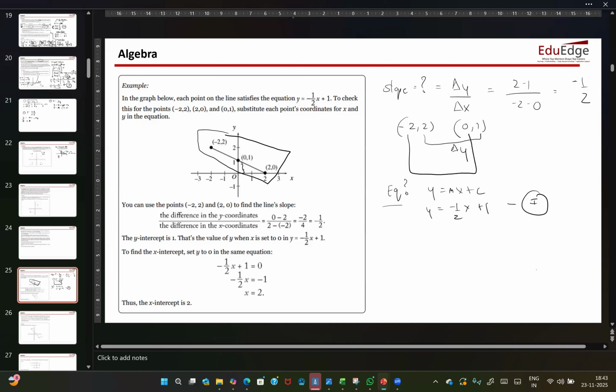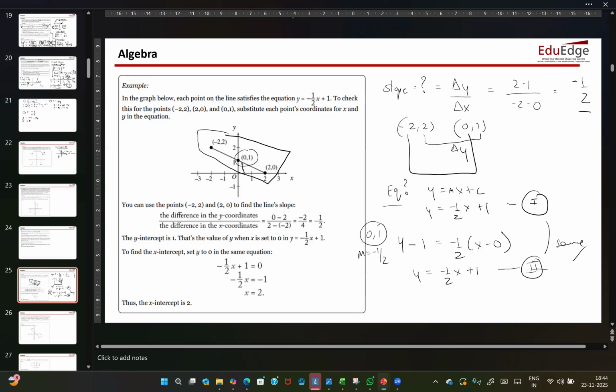The other way of doing it is to use the slope and use one of the points. So if I put 0, 1, and m is equal to minus half, can I write y minus 1 is equal to minus half into x minus 0? And that will also fetch me the same thing. Both are equivalent. Same, just different methods.